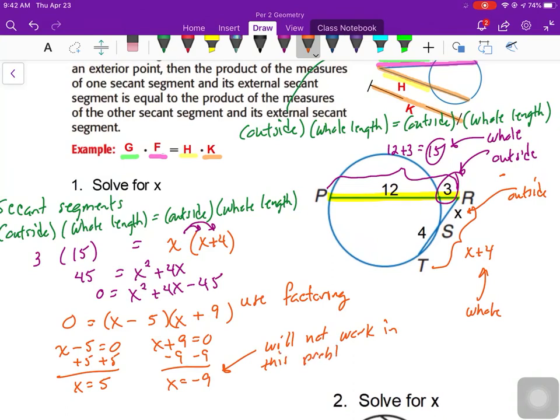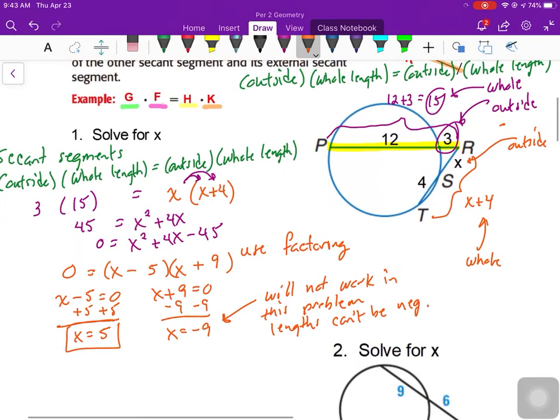And that's because lengths can't be negative. So it's very important that we box our answer. And once again, you must box your answer.